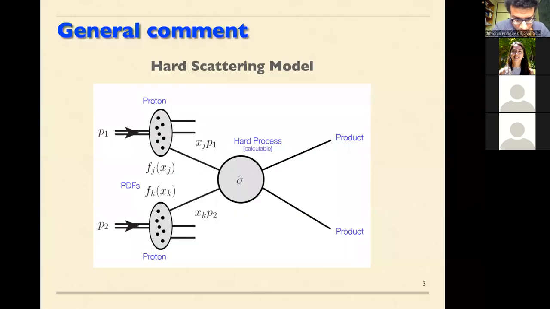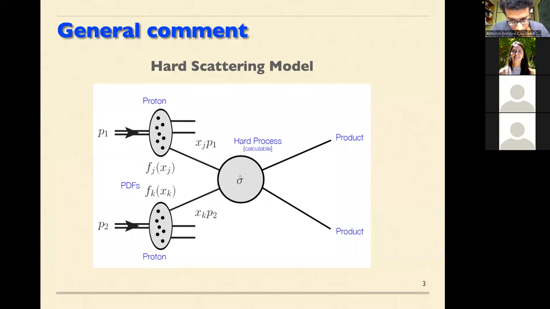The parton distributions are a probability, the hard process is a probability, so it's a multiplication of probabilities. So it's an approximation, and in some cases it is justified by using the factorization theorems.